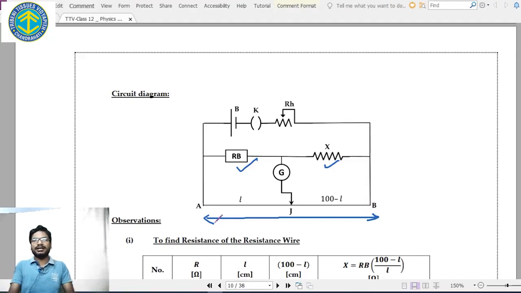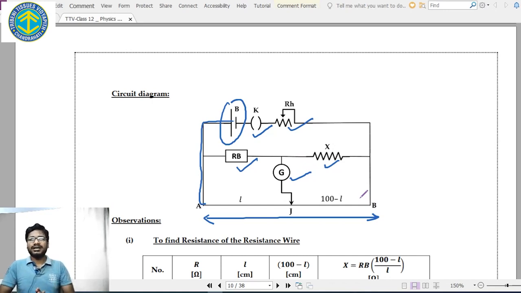There are two terminals A and B. You will see everything in the practical lab, and we will connect these by wires, and there is a power source which is called B, a key, a rheostat, and a galvanometer. So this is the basic circuit arrangement. We'll do it in the laboratory, but first we want to understand the entire theory.